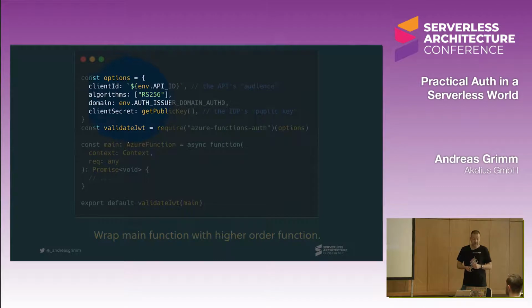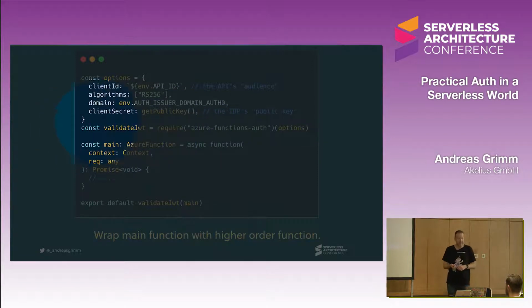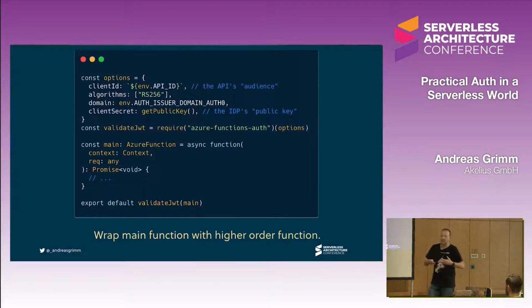You have your options like the API audience, which is the identifier of the API, and the public key, and you pass that to this dependency, and you have a higher order function where you just wrap your main function. So it's like a middleware. You don't change your main function really, you just wrap it in this one function call where this validation is happening.